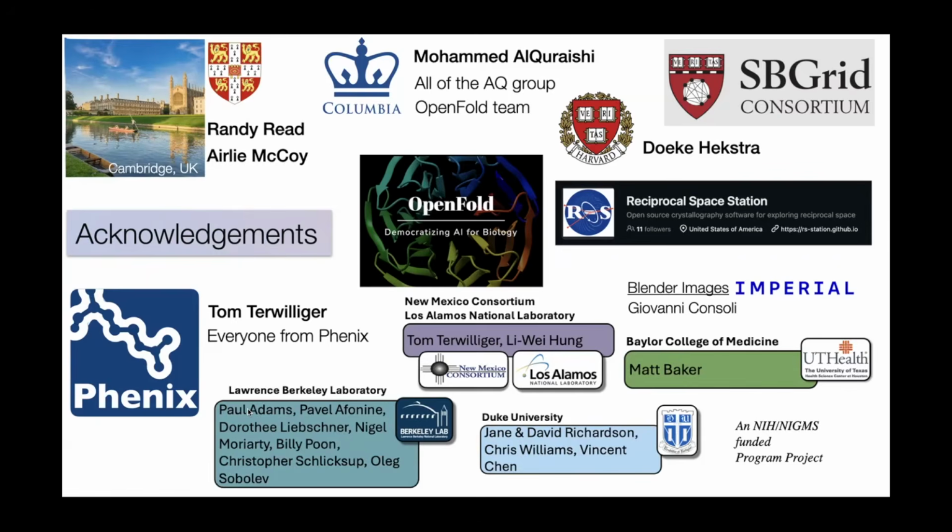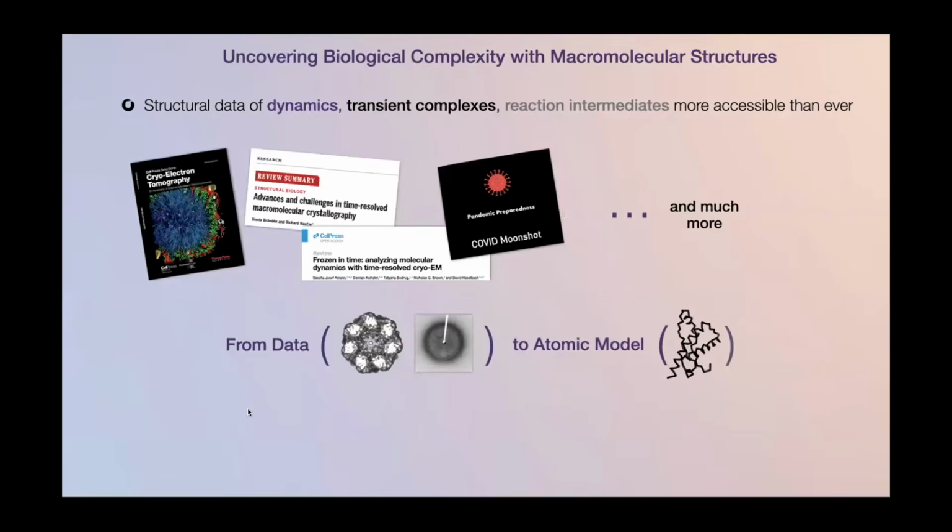The motivation for developing Rocket was in the context of an exciting time for structural biology, where we have a lot of the data sets that we've had access to for a few decades now, but also new and exciting data sets, both in throughput and in what we're able to see.